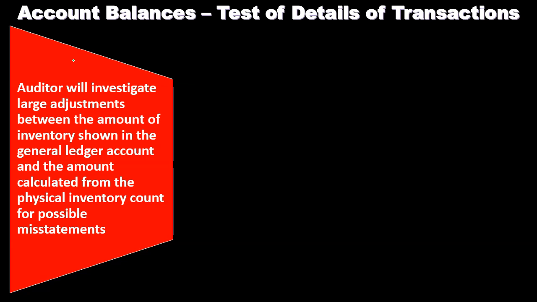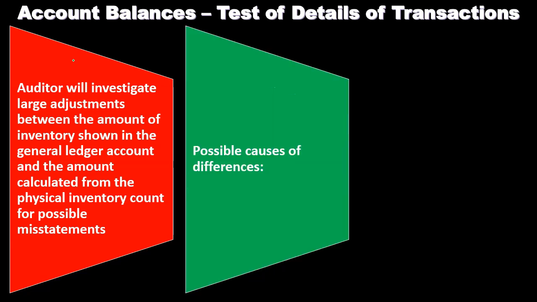So once again, if there are big adjustments being made, if you're in a perpetual inventory system and then you still do a physical count, the physical count should just confirm that the perpetual inventory system is doing right, that the inventory is what it should be at the end of the books, with small adjustments related to small types of things. If there are large adjustments adjusting the perpetual inventory system to the physical count by the company, then there should be some investigation into those items because something funny happened.